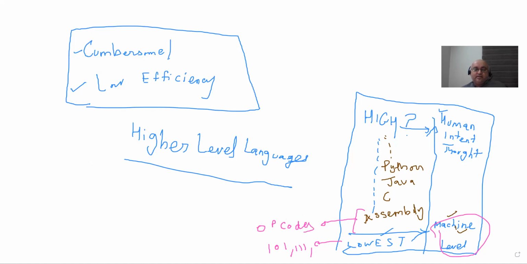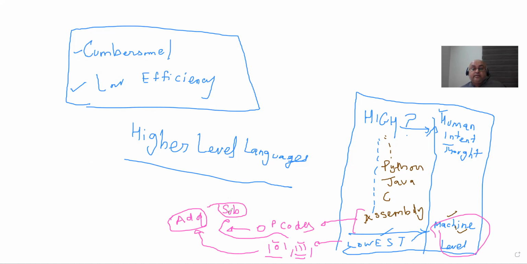Opcodes are basically things, in a sense, for humans to help the humans remember what a certain machine language instruction actually does, right? So let's say if 101 means add, the opcode for this machine language instruction would be add. And let's say if 111 means subtract, the opcode for this would be subtract, right? Let's say maybe it is sub.